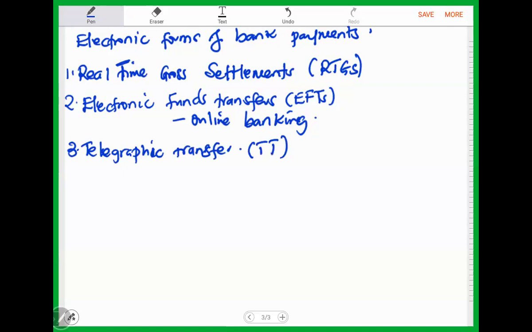Now, a telegraphic transfer is used for electronic transfer of foreign currency funds from one party, who is referred to as the remitter, to another party, who is referred to as the beneficiary. So in this case, we are simply transferring foreign currency funds. You want to transfer from Uganda, Ugandan shillings, and the money is going to an account in Kenyan shillings.